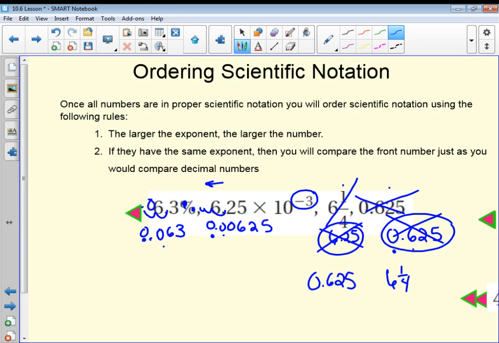So now I'm comparing these, okay? I have a 6 and I have a 0. Well, 6 is bigger, so that's my next one if I'm working backwards. And that was originally 6.3%. And then my last one, this is my smallest here. So the original was 6.25 times 10 to the -3.